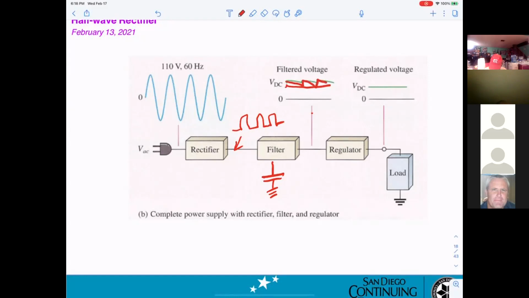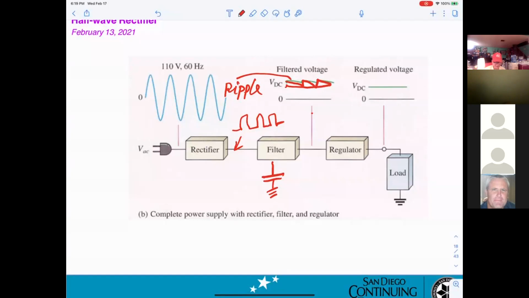What's the name? Who knows? That's what we call ripple. Ripple is AC riding on DC, exactly, on the top.